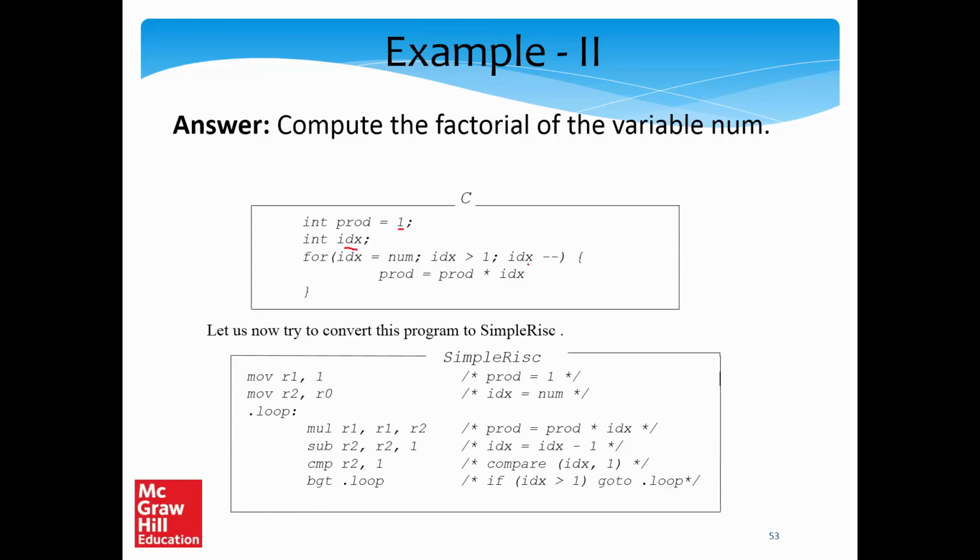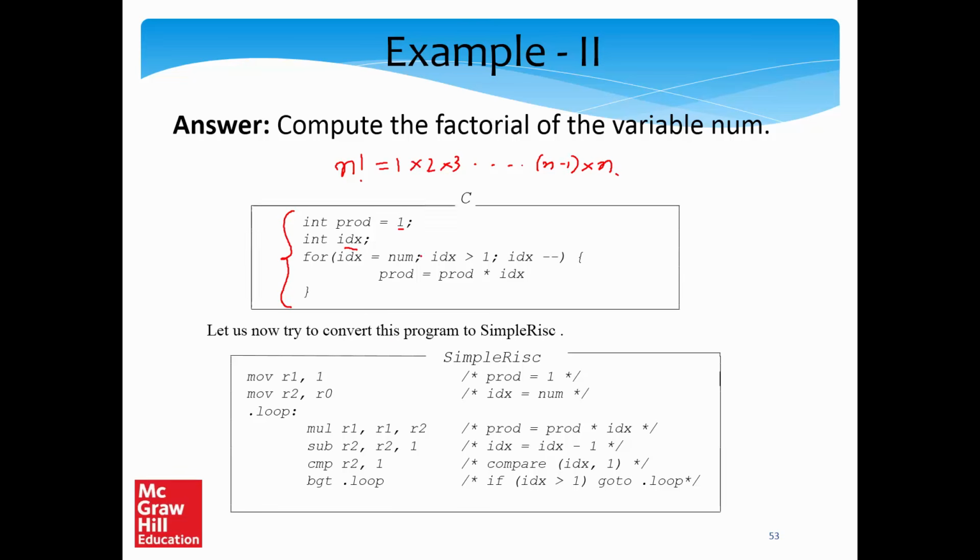We subtract 1 from the index in each step. And this is the multiplicative step, prod equals prod multiplied by idx. So this code is enough to compute the factorial of a number. Recall that the factorial of a number n is 1 multiplied by 2 all the way till n.